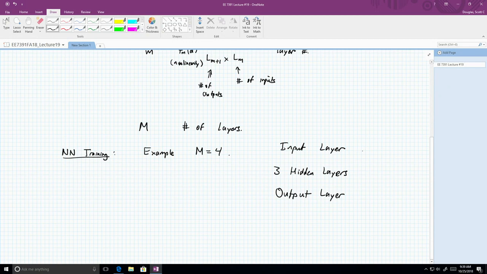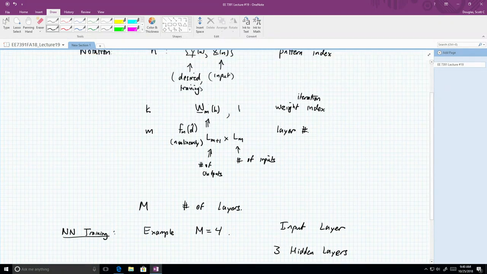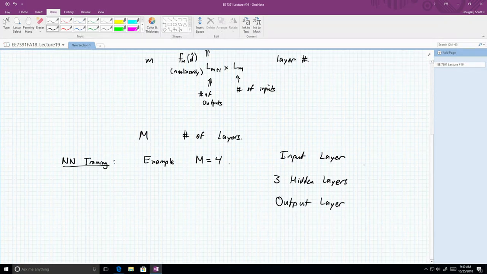Well, the way to think of it is, between each one of these layers, there's a set of weights. There's a W_m of k, and I'd say there's a b_m of k as well, the bias weight vector. So this refers to the number of W_m,k, b_m,k sets. And it also refers to the number of nonlinearities, f_m of d hat.